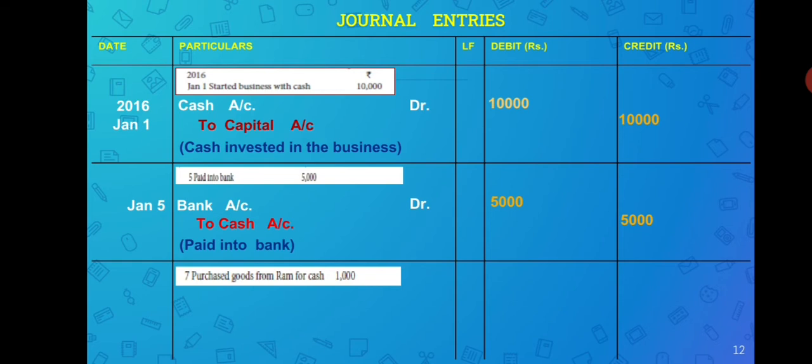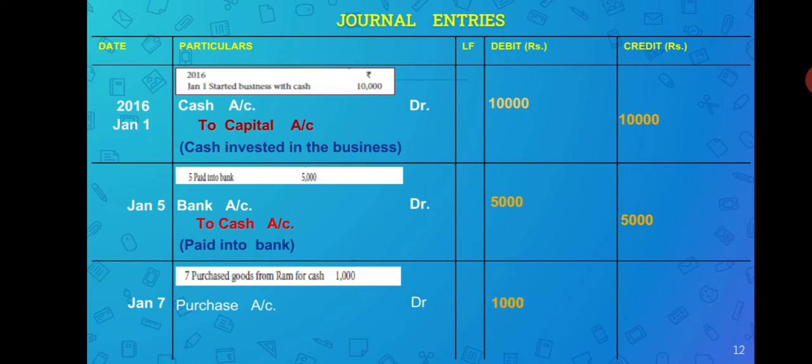There is one account called purchase account, another account called cash account. Now write the date in the date column, month and date. Now which account must be debited? Purchase account. When you purchase, goods come into the business. So debit what comes in. Otherwise also purchase account is always a debit account. So write purchase account debited.